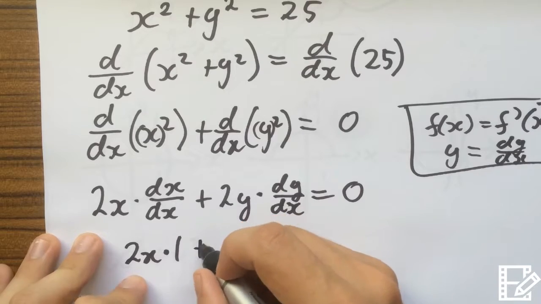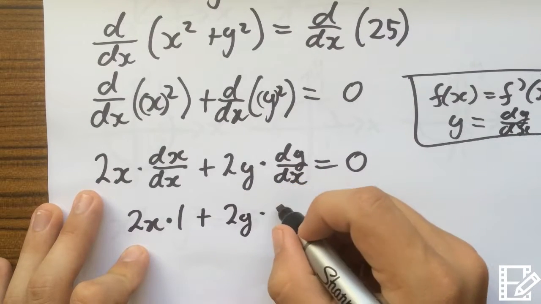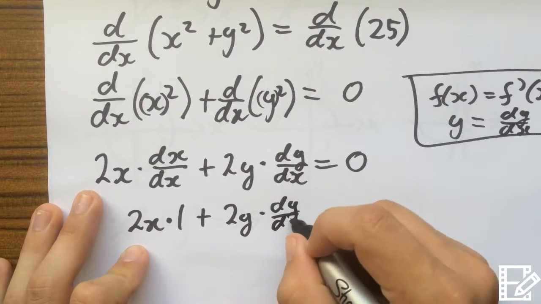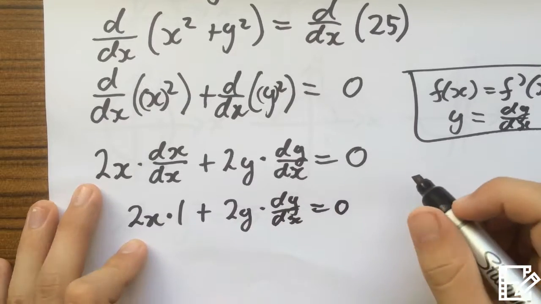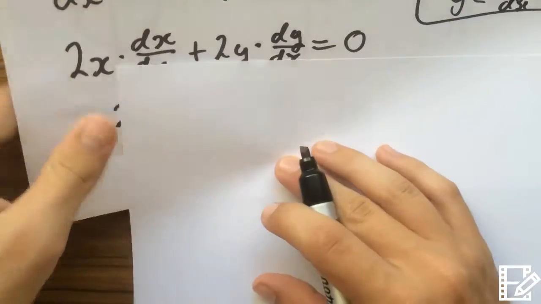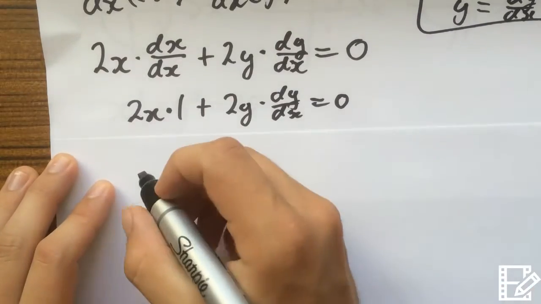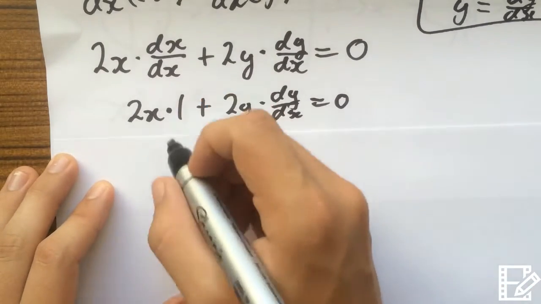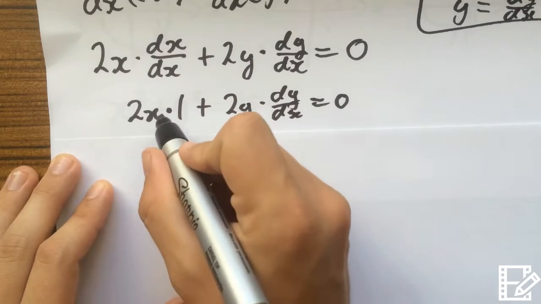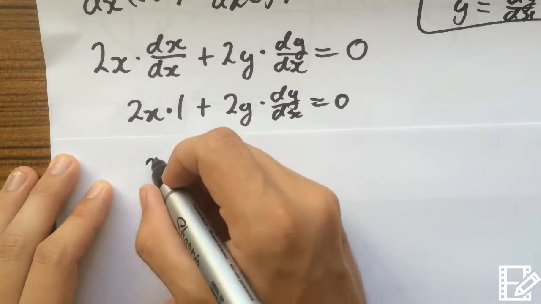Okay, so I'll just write this down here. 2y multiplied by the derivative equals 0. So we have, this is essentially 2x. Okay, what I'm going to do is bring it onto the other side, so I'm going to subtract 2x from either side.